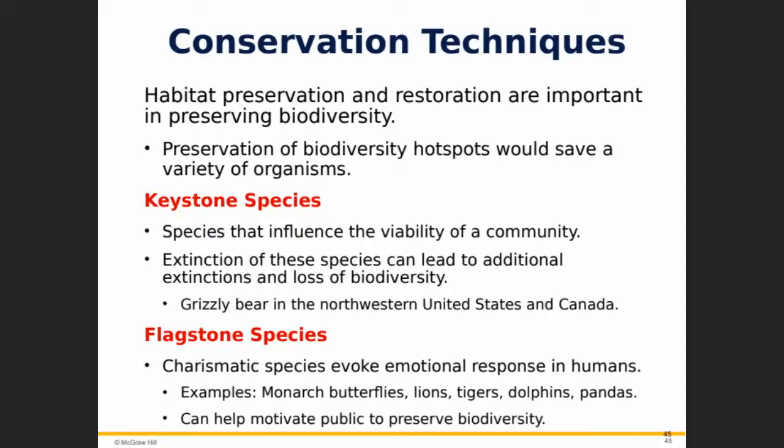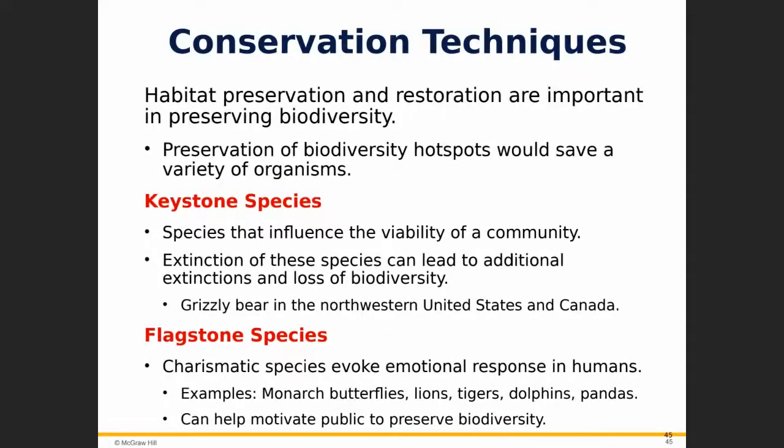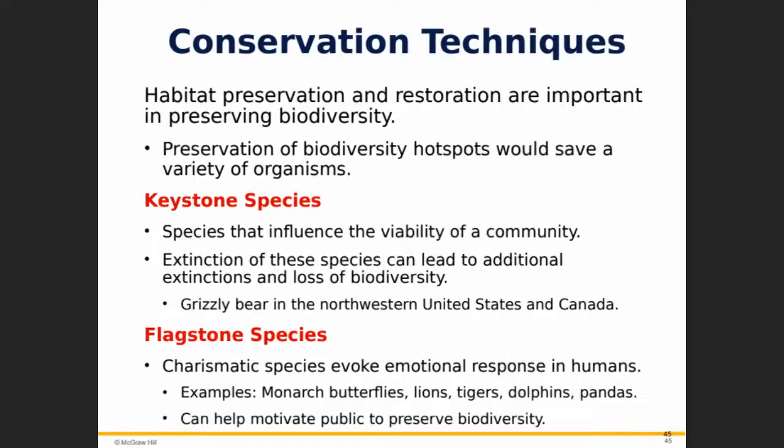Grizzly bears also are the principal mover of soil when they dig up roots and pry open hibernating ground squirrels and marmots. There are also other keystone species such as elephants in grassland and forest, alligators in swamps.